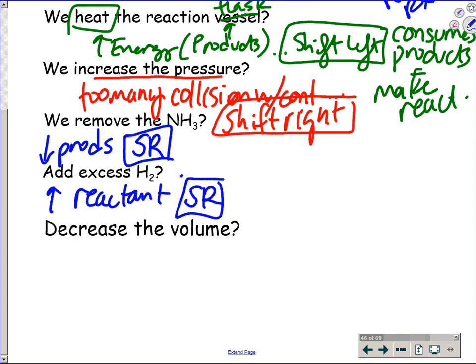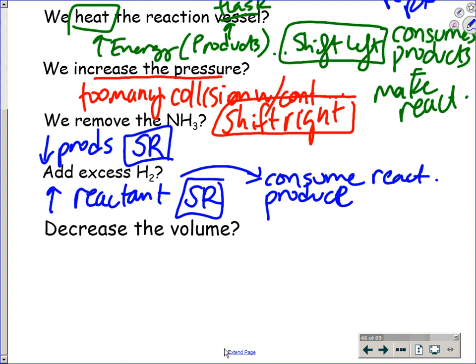Okay, so as I notice I have too many reactants, I need to consume who? Reactants, good. And I need to produce good products. And in that case, consuming reactants and producing products is a shift right.